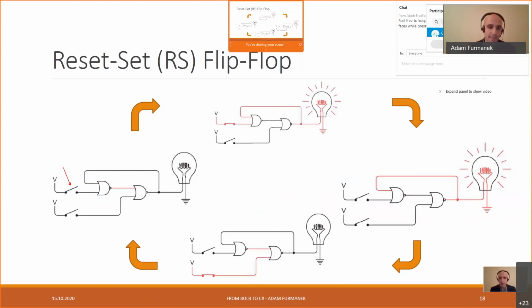Once we want to set it, we basically close the circuit here. So we start by closing this. Then one bit changes to a true signal. So then this NOR gate will change to 0 here. Because we will have 0 here, 0 here, 0 here, this NOR gate will start emitting 1.